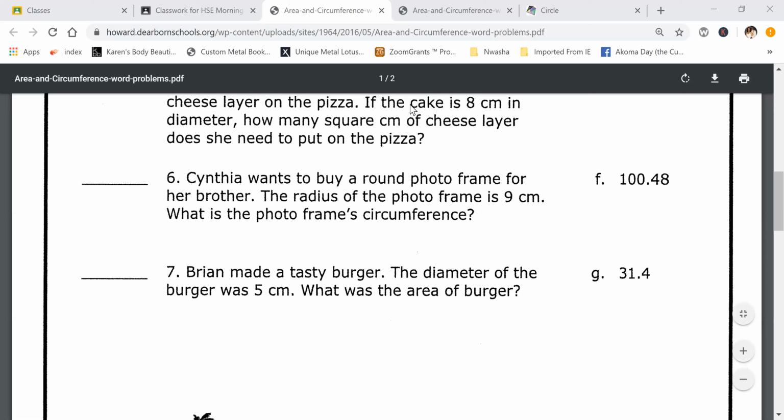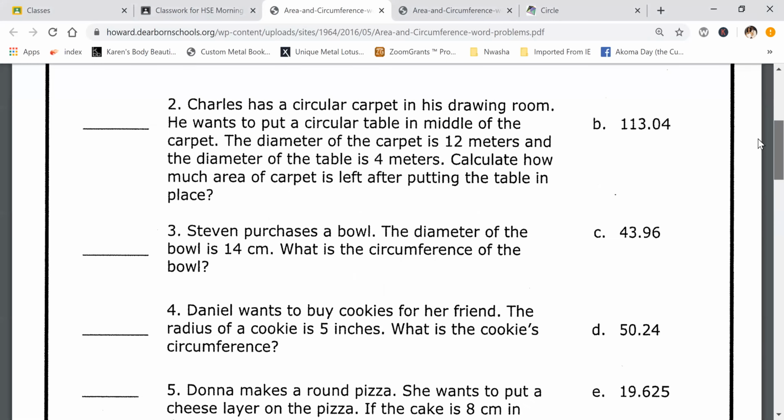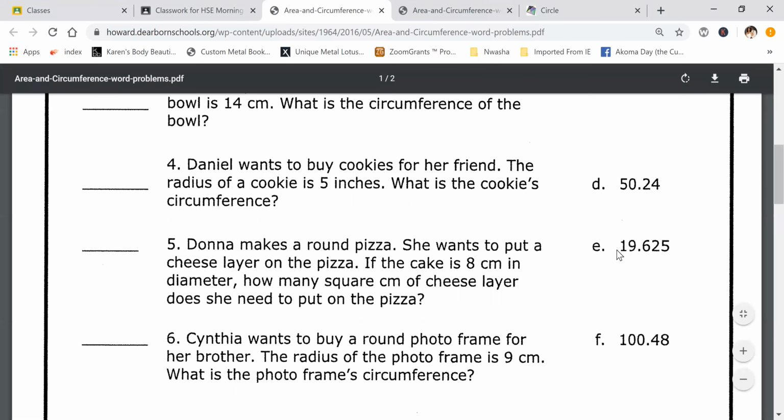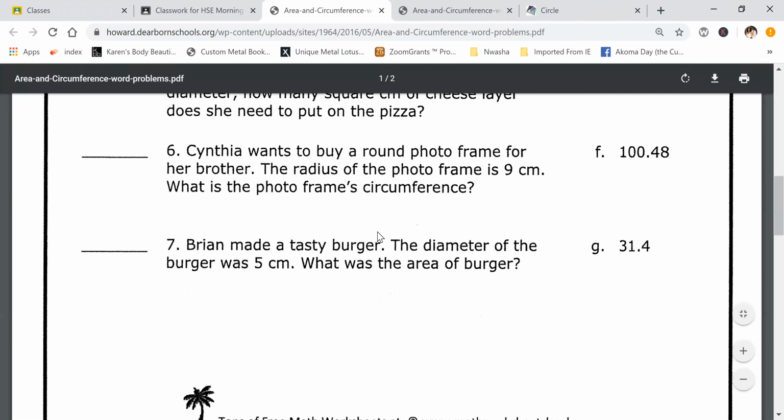Even on something like this, if we're looking at all of the answers, the smallest answer is E, right? And that last one is the smallest numbers that we actually worked with.